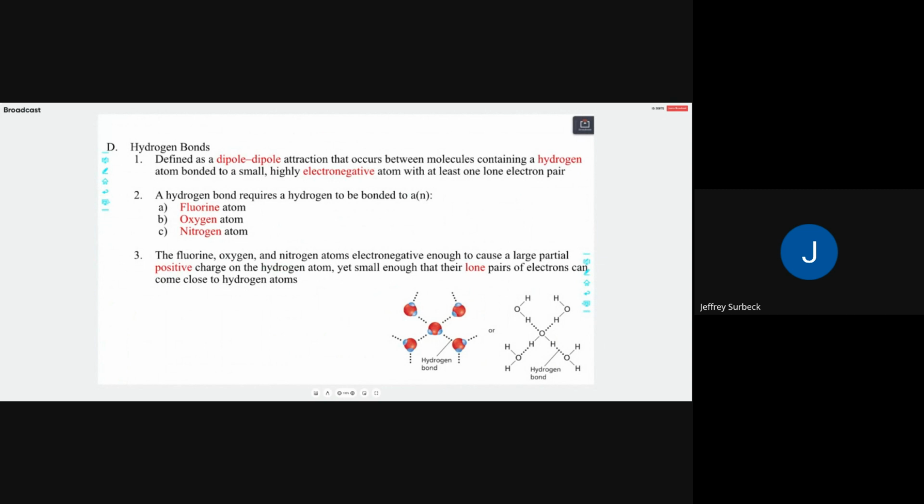As you can see, the dots between the water molecule here on the picture on the left, it's an interaction between molecules, okay? You have to have some criteria to be a hydrogen bond. 1, you have to have hydrogen. Hopefully that's obvious. 2, you have to be bonded to a fluorine, an oxygen, or nitrogen.